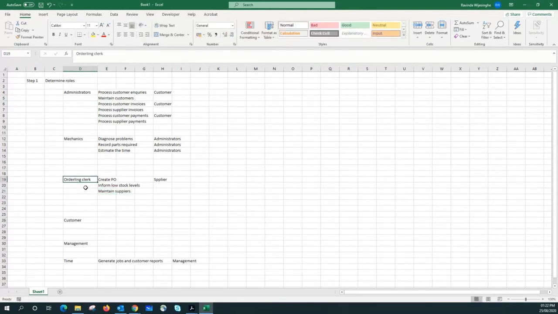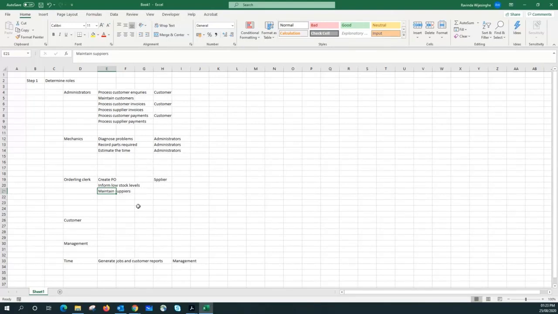So that is handled by the ordering clerk. Right. So we are not actually going to give access to that use case like here, because it's internally handled by their own staff, right? So we are assuming that we are not going to give any direct access to the suppliers, right?